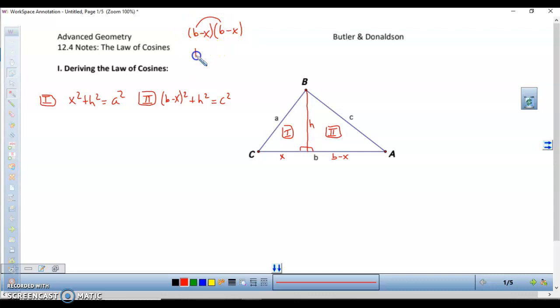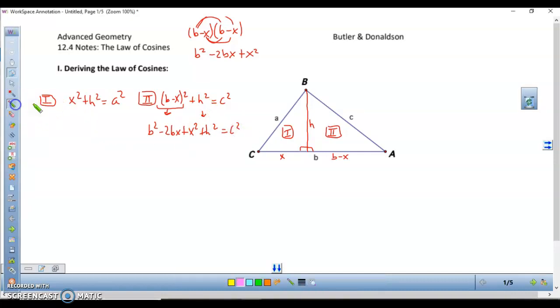That'll give me b squared minus bx minus another bx, so minus 2bx, and then plus x squared. So I'm going to take this binomial that's being squared and turn it into what you get when you square it: b squared minus 2bx plus x squared. And then I still have my plus h squared, and that equals c squared.